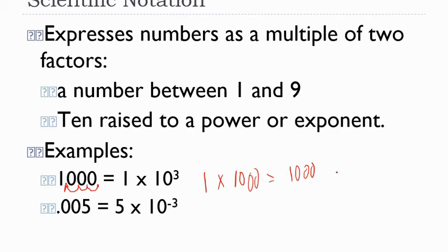So for example, we talked yesterday about the mole. Remember, that was our metric unit for amount of substance. And that number is 6.02 times 10 to the 23rd. So this is a really big number.